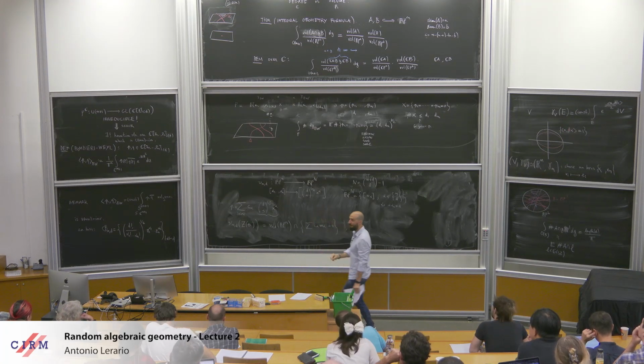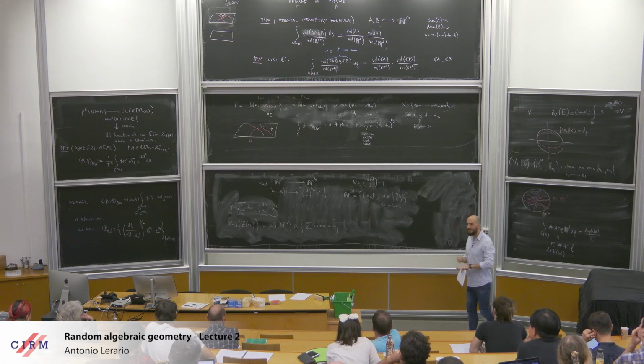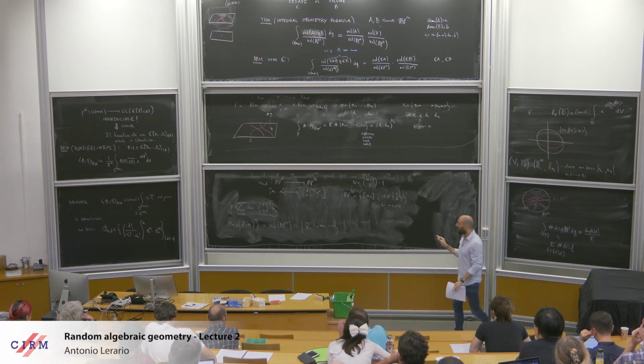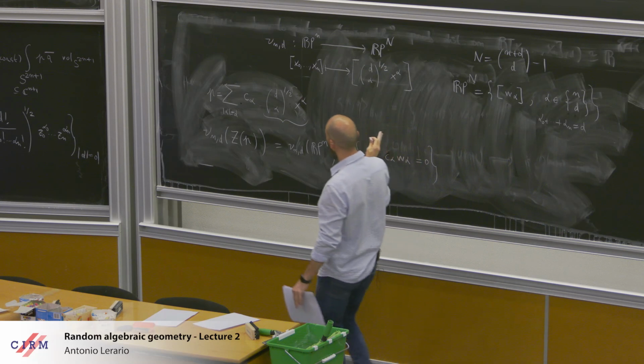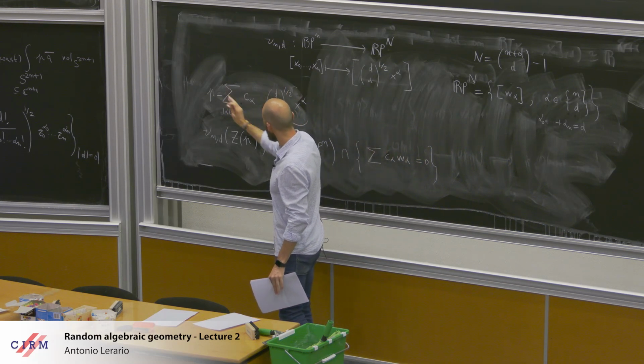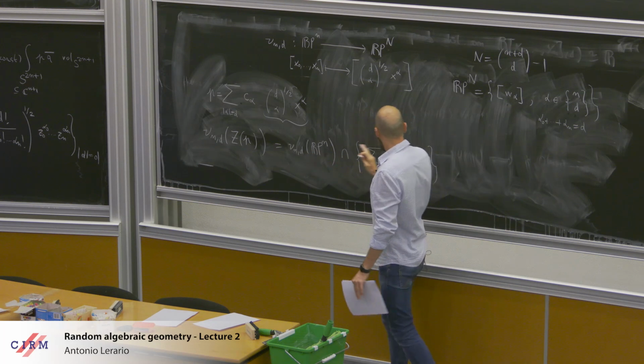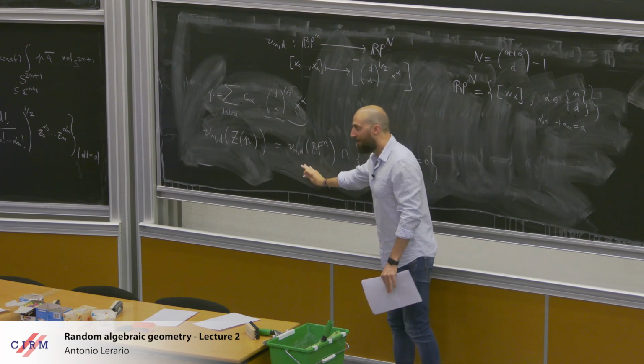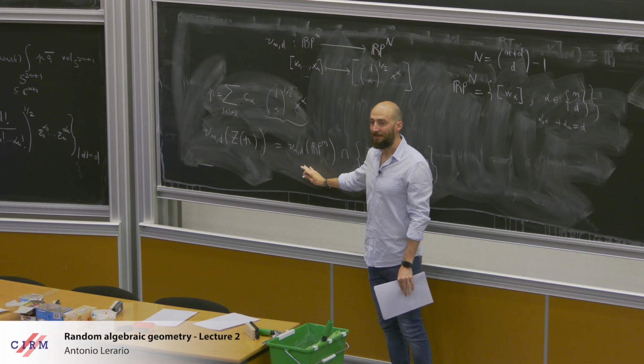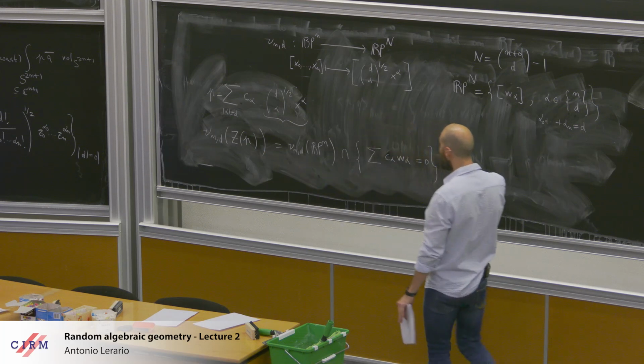This is a standard property of the Veronese embedding. It transforms the geometry of hypersurfaces of degree d into the geometry of hyperplane sections of the image under the Veronese embedding. This is the key point.